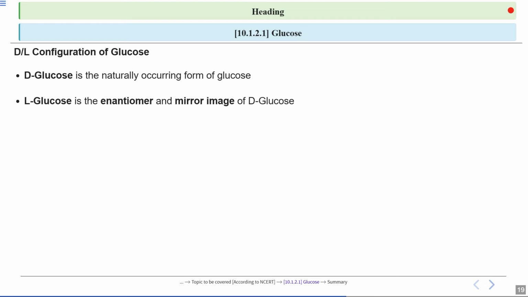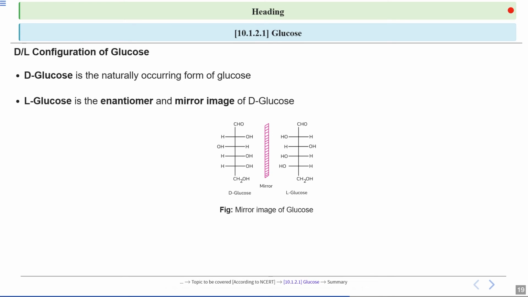Now what are enantiomers? Enantiomers have the same molecular formula and connectivity, but their structures are non-superimposable, just like right and left hands. So if you see, this is D-glucose and this is L-glucose. L-glucose is the enantiomer, the mirror image of D-glucose.